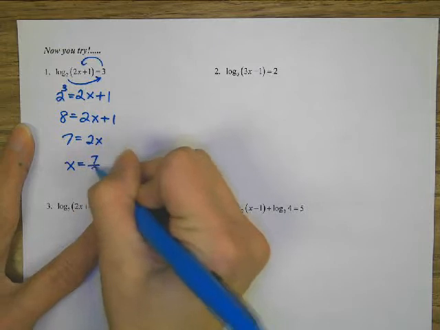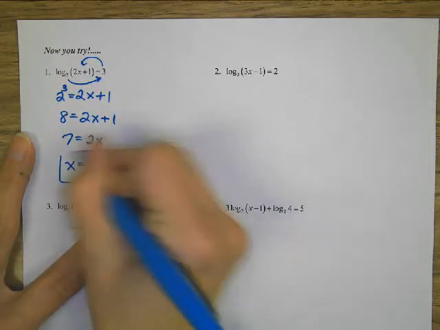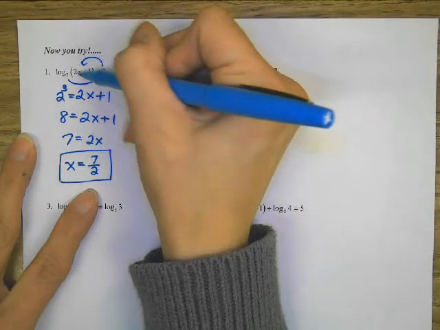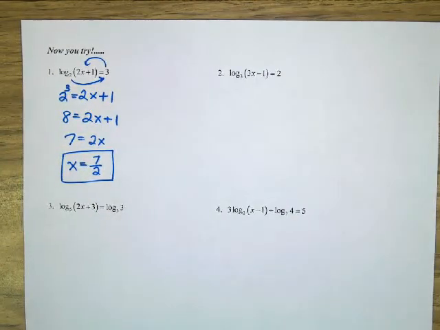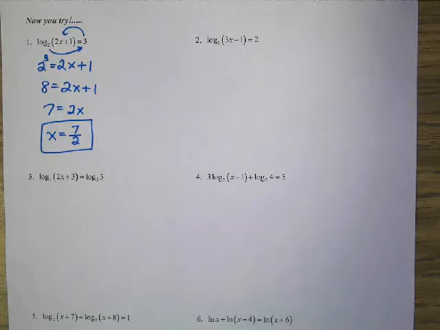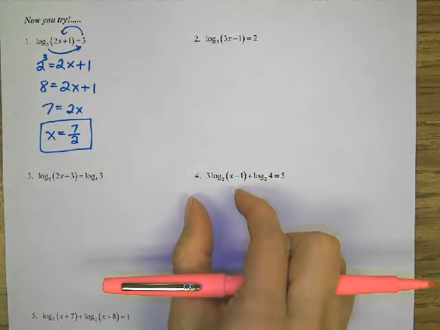Another one that I want to do, let's take a look at number 4 down here. If you have a log and a number, it's not like I can say the ofs are equal because there's 3 things. And it's not like I can move one of the logs to the other side because then there's a 5.